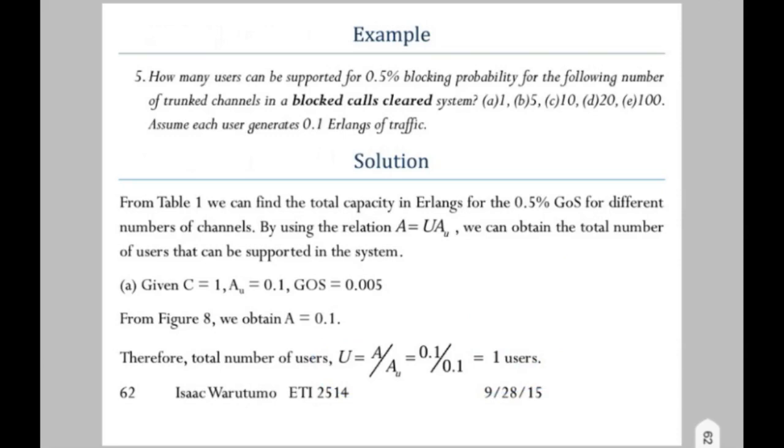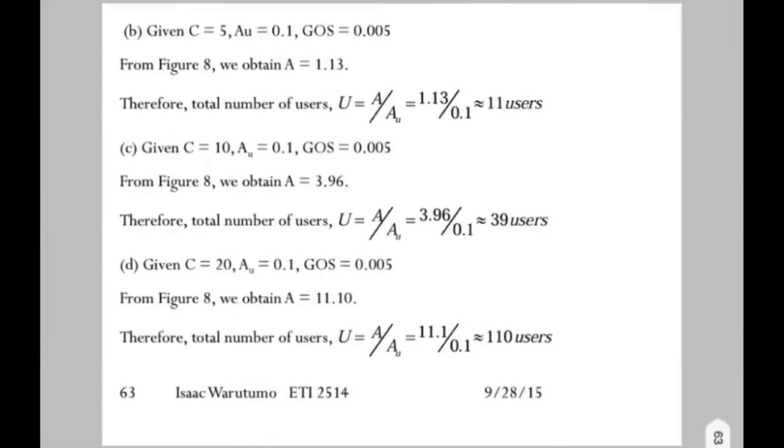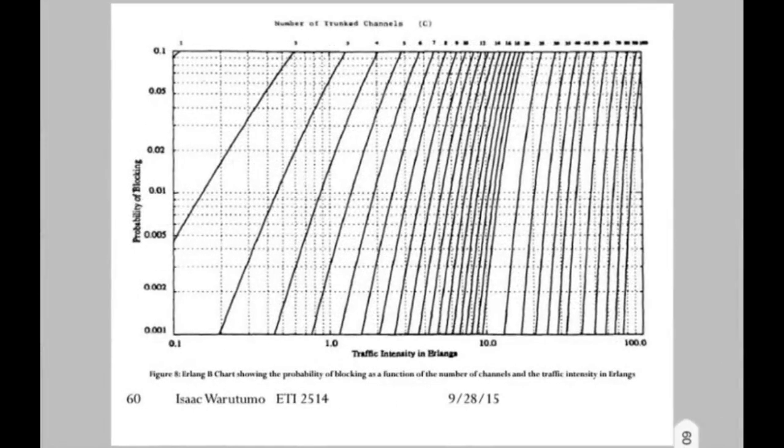We move on, and we want now to consider when C is equal to 5. Our GOS is still 0.005. So we go back to our graph, which is on figure 8. Don't confuse those two graphs. We are saying that C is 5, the one that I have circled, and the GOS is still 0.005. So the curve for 5 is the one that I have added a blue line to.